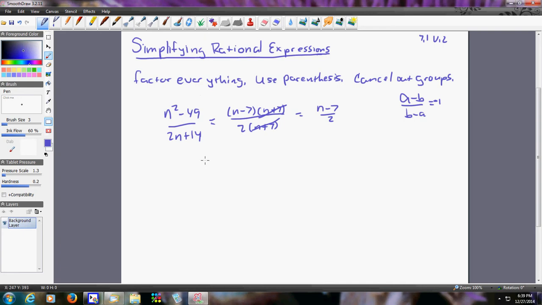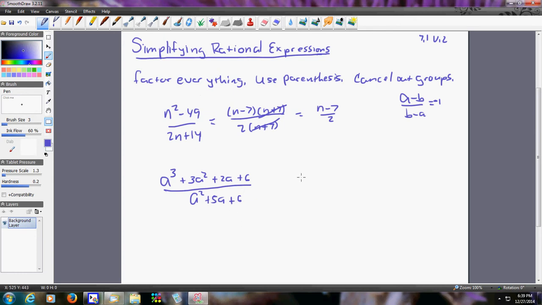Let's take a look at this example here. A cubed plus 3a squared plus 2a plus 6 over a squared plus 5a plus 6. Once again, I cannot cancel out these 6's.